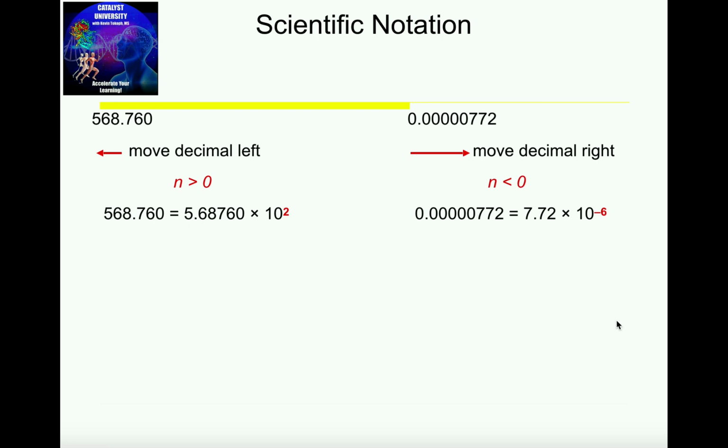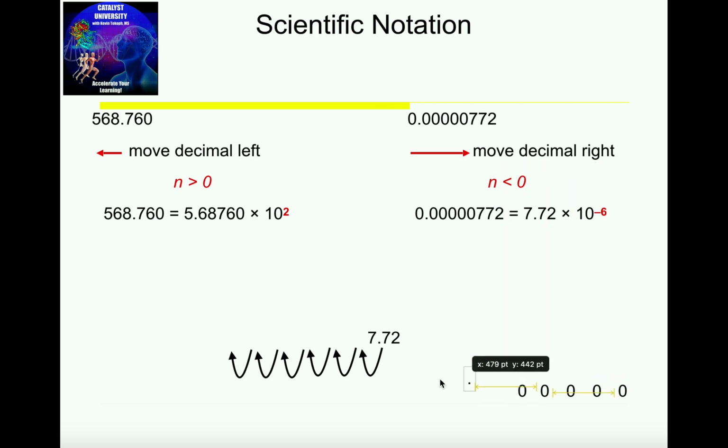Now in the second example, if we start with 7.72 times 10 to the minus 6th, to get back to the original number, I have to move the decimal point over to the left. And so the easiest way to do this problem is to write 7.72 out to the side and just move this decimal point over 6 places and write out these little arrows. So I'm going to move it over 1, 2, 3, 4, 5, and 6.